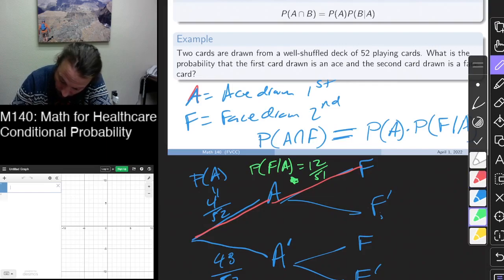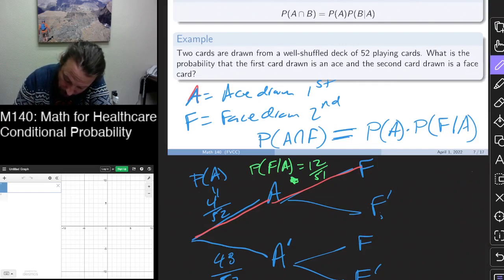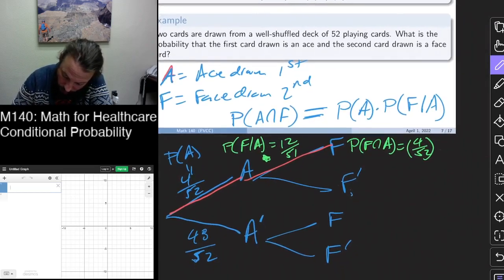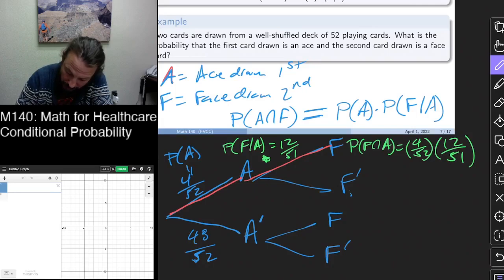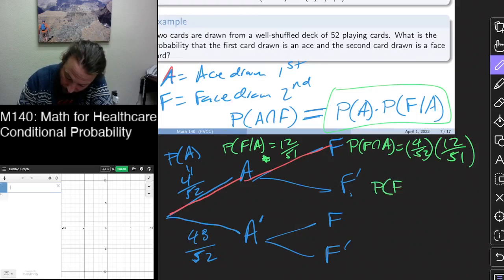And generally, at the end of each path, that's where I think of my intersection. F intersect A, and that's equal to 4 out of 52 times 12 over 51. And notice that it's of course the same thing as our formula, but we could visualize it.